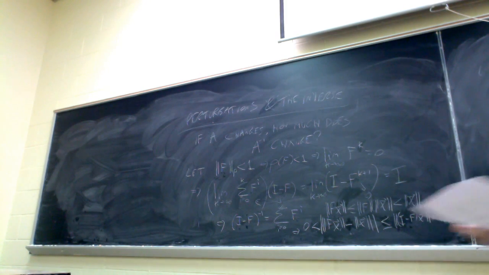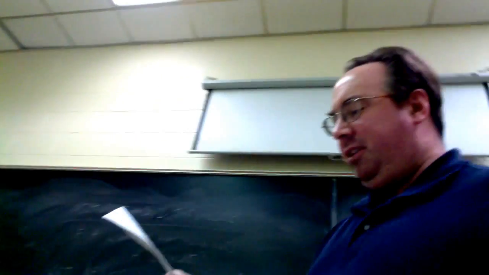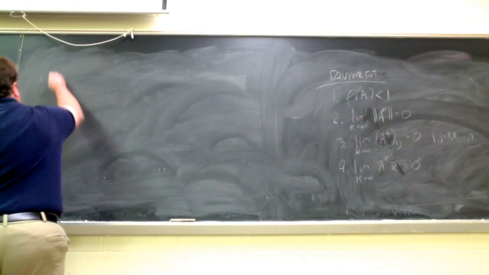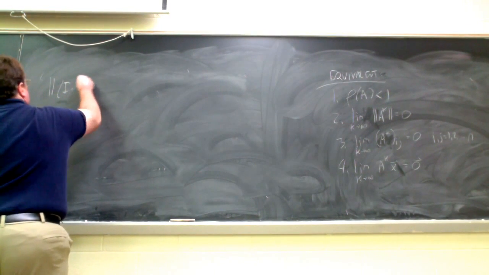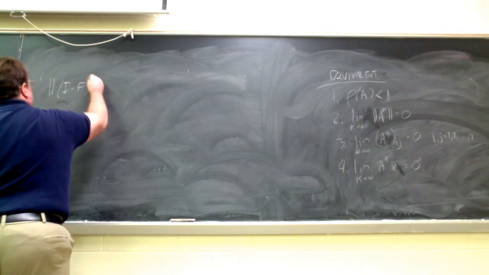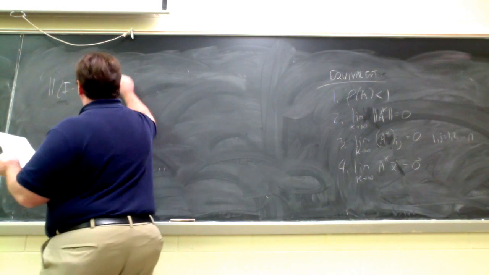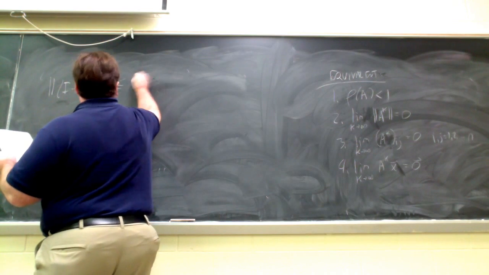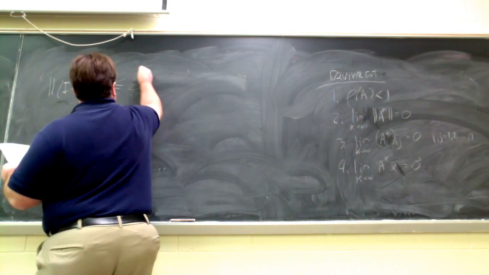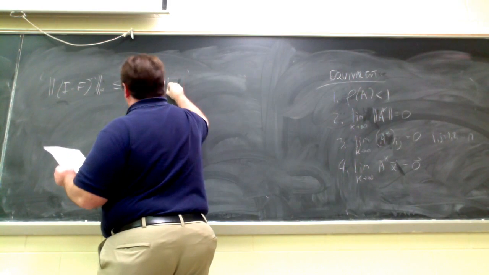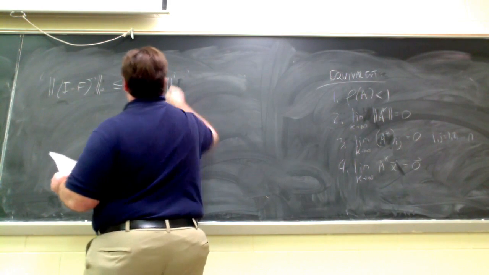Okay, let's see if I can get through the rest of this. So we have the norm of (identity minus F) inverse raised to the p power, using properties of norms, including the triangle inequality. That's what I'm using right here. And also the submultiplicative property.